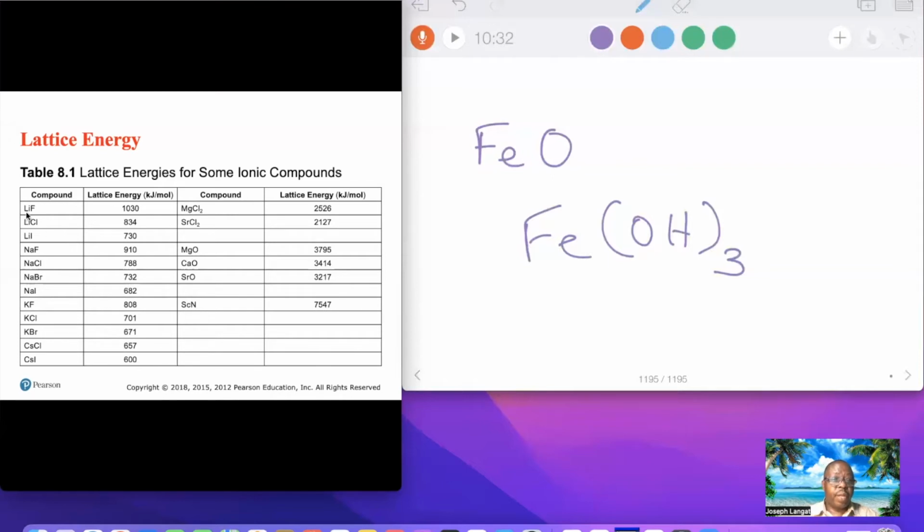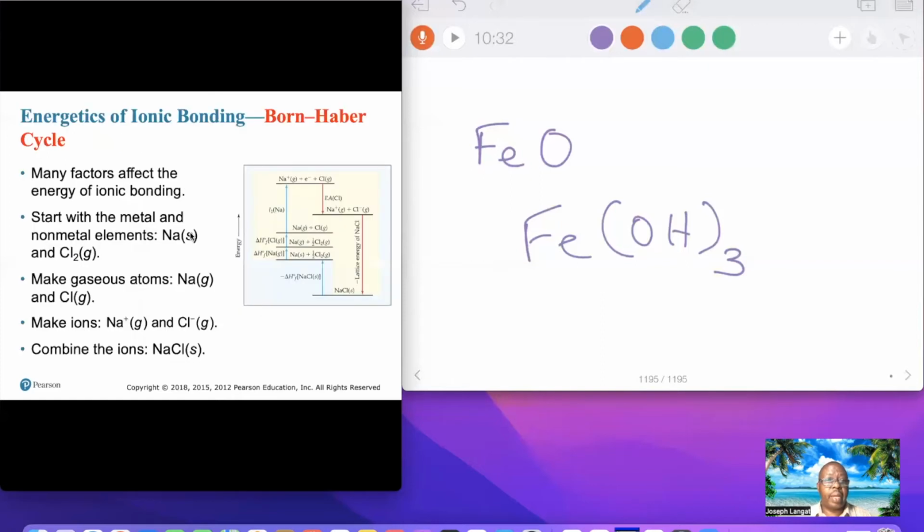Lithium and fluorine, lithium is smaller than cesium, and if you look at these, the 2 nuclei are close, so it's hard to break apart. Therefore, high lattice energy. The size and the charge also affect the lattice energy.